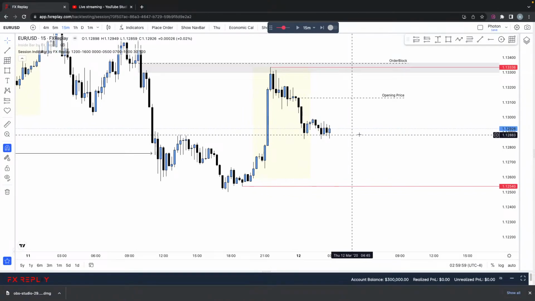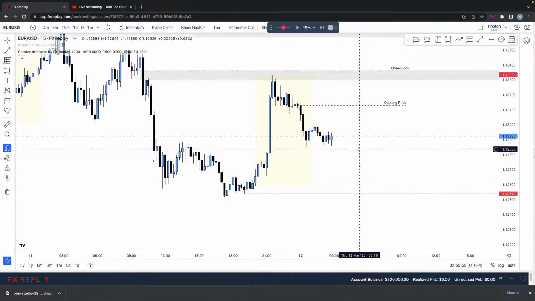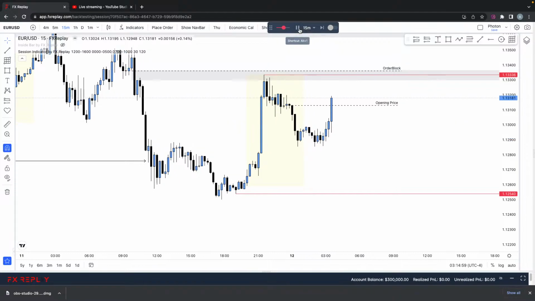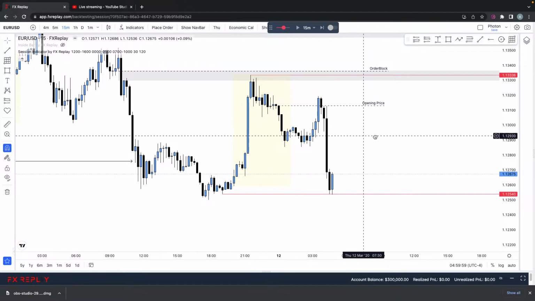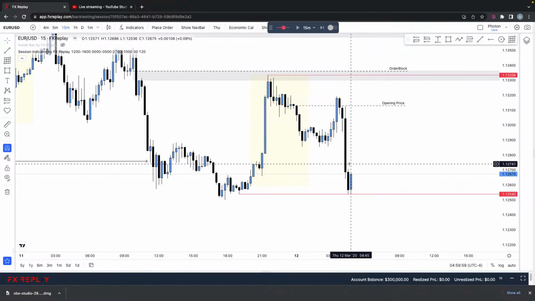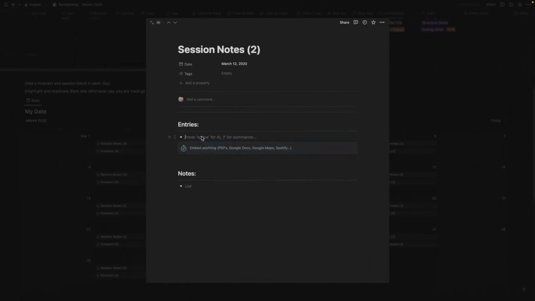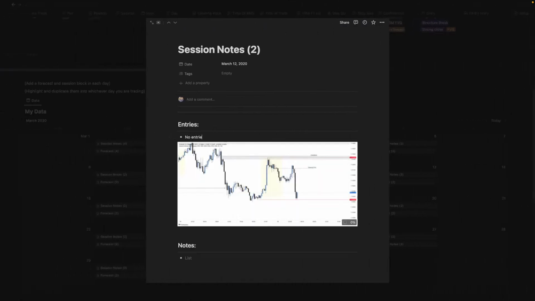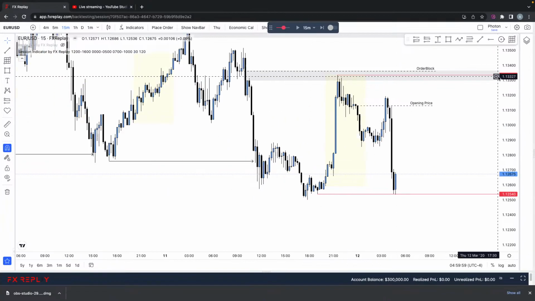Okay, so let's see what happens. 445. So basically just consolidated, did nothing. And then it's basically late session, so I don't even trade then. So no entries late.